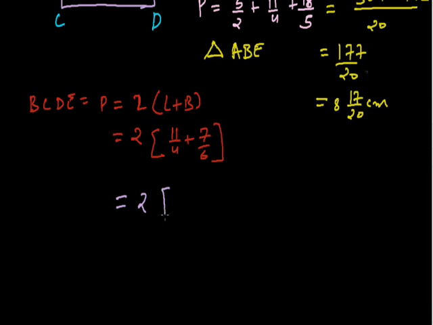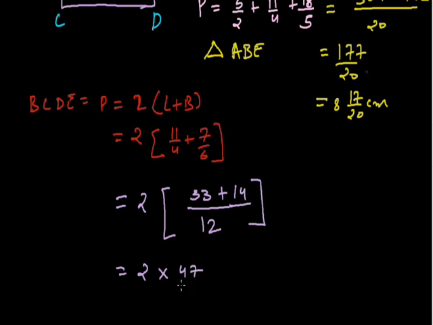Then we multiply 11 by 3, so it will be 33, plus 7 by 2, so it will be 14, which will give you a total of 2 into 47 by 12, and 2 will cancel 12 six times. So it will give you 47 by 6, or in mixed fraction, 7 5 by 6 centimeter.